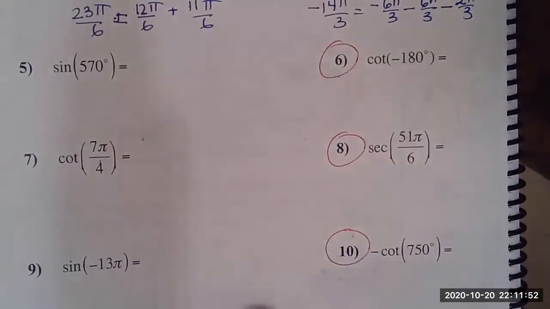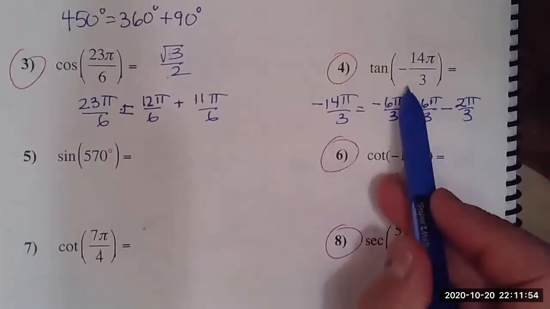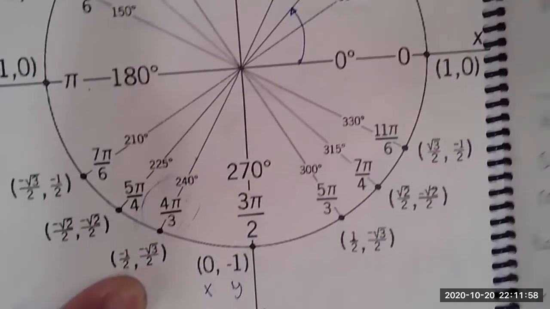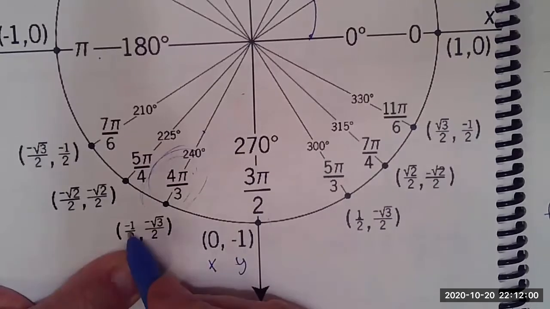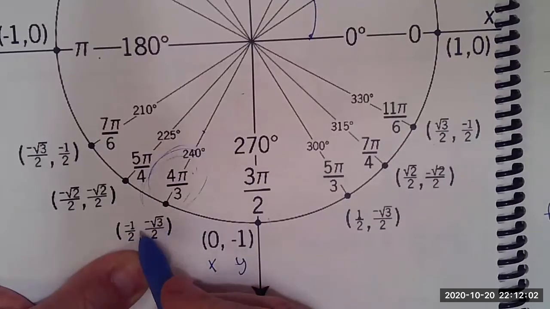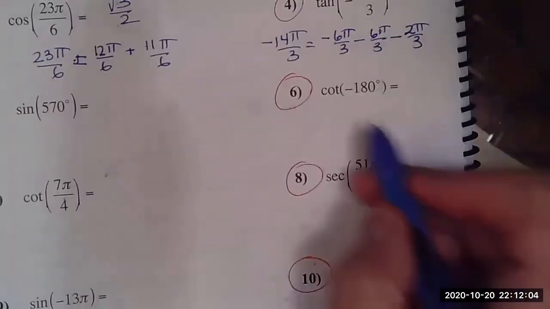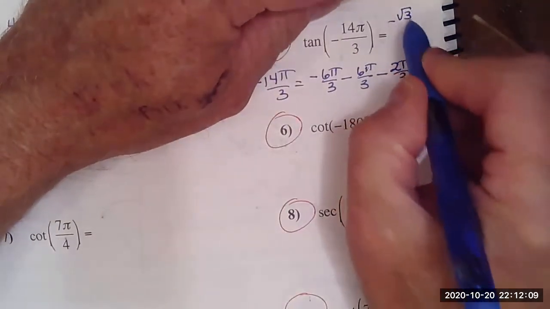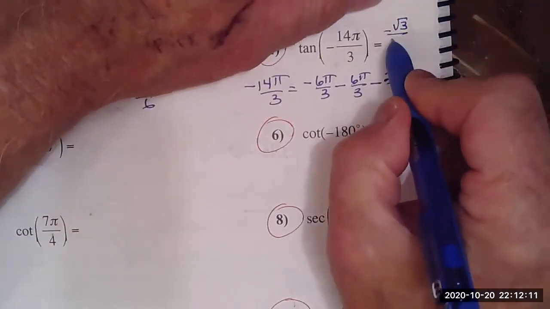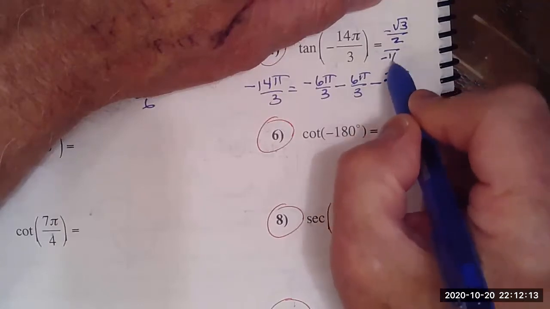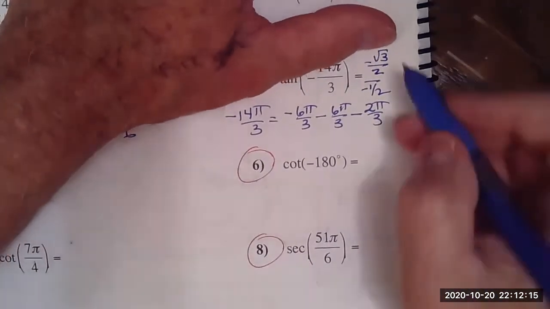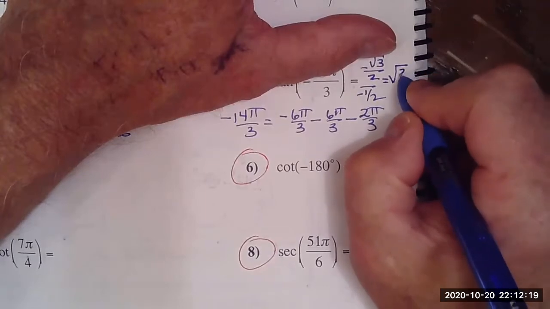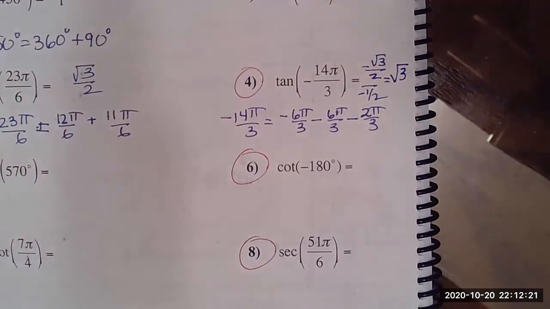It looks like I need a tangent. Tangent is y over x, negative root 3 over 2 divided by negative a half. Two negatives make a positive. The 2's will cancel. I'm left with the square root of 3. I'm done.